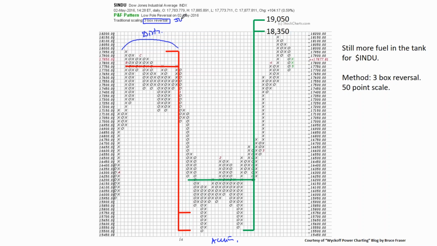So what we do is we count the columns, and we count from the last point of supply, which is the last push up before the markdown begins. We count across, and we get the number of columns, multiply that by 3, and then multiply it by the scale, which in this case is 50 points.